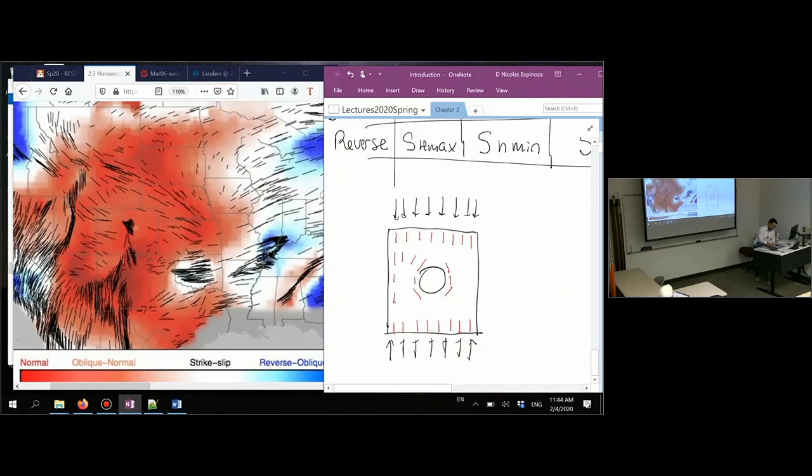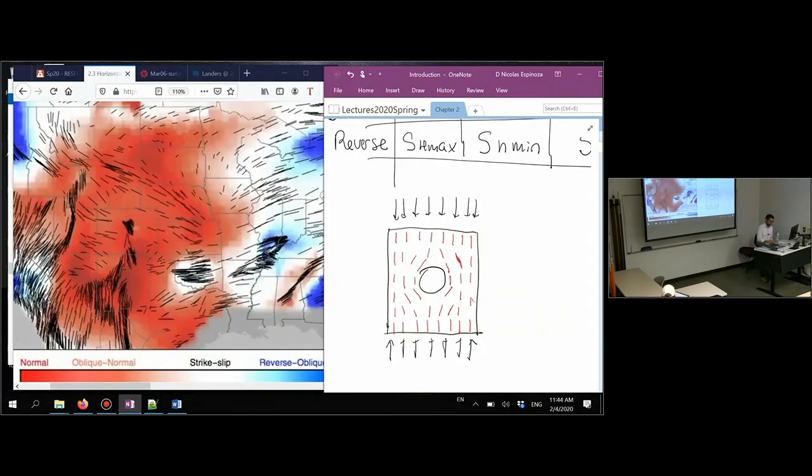Probably far from the cavity, these are going to stay the same, but as you get closer, those start to deviate, and you will see something like this. So the direction of those lines over there are telling you the orientation of the maximum horizontal stress.